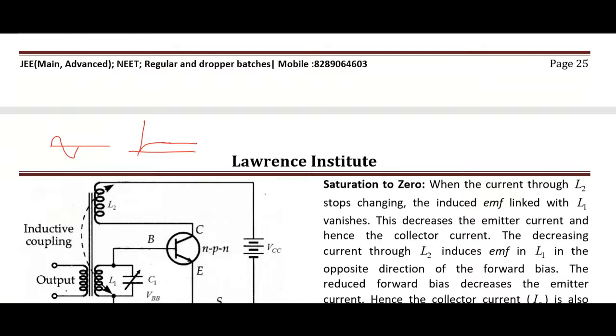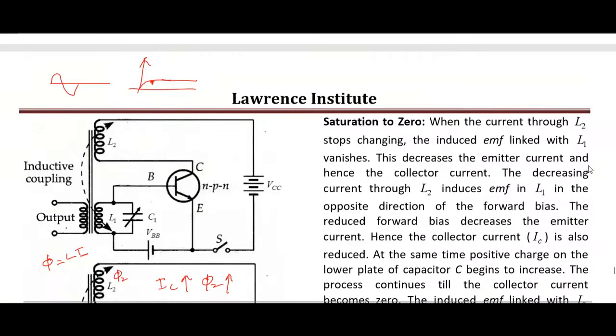Now, this cycle of increase in magnetic flux with L2 and then increase in input, it continues up to this point. Now, collector current reaches maxima here. IC is along this.